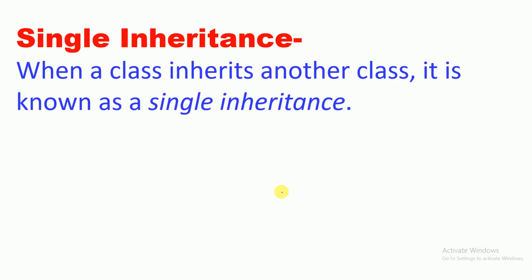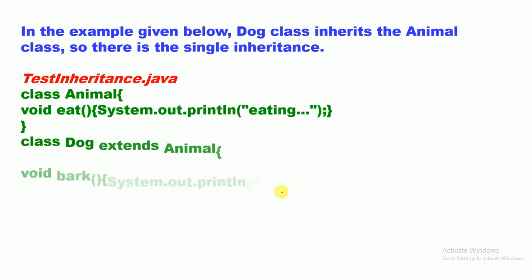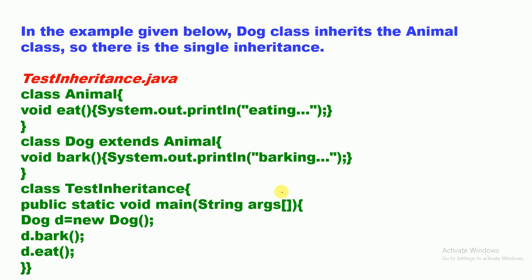Next, single inheritance. What is single inheritance? We have already seen, when a class inherits another class, it is known as single inheritance. We'll understand it with the help of an example. In this example, we have created a base class, class animal, and a derived class, class dog.